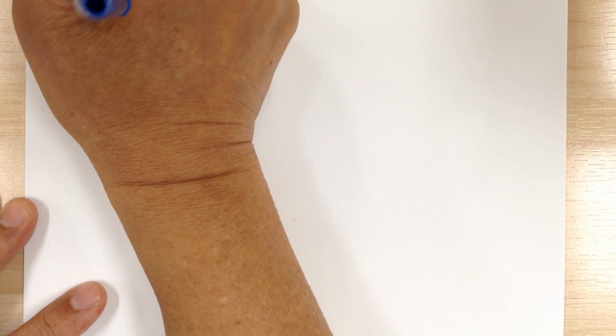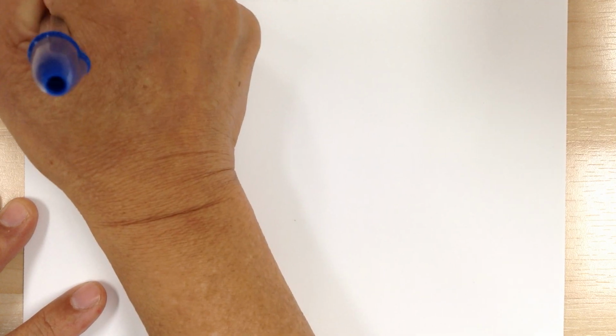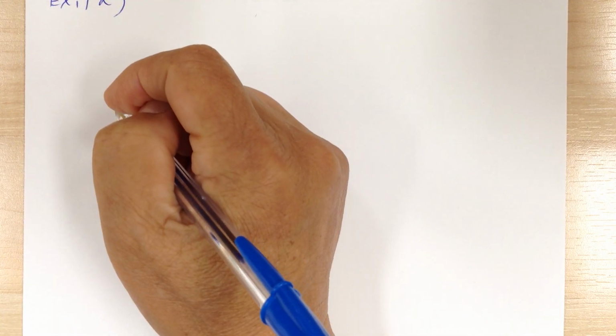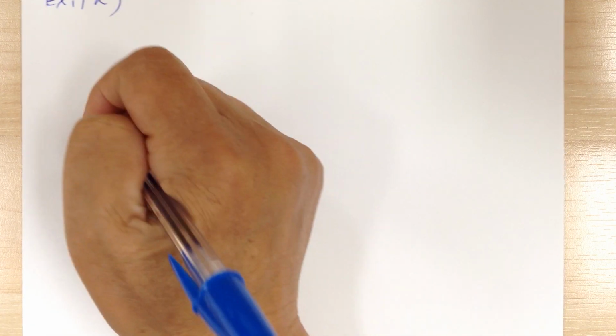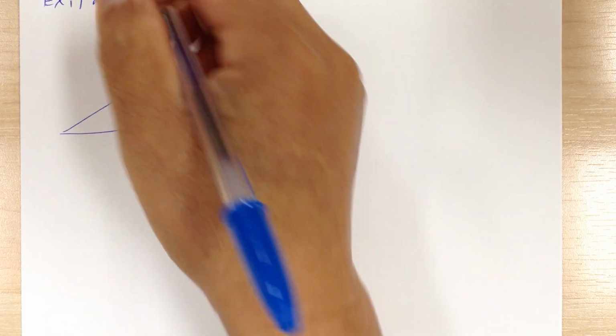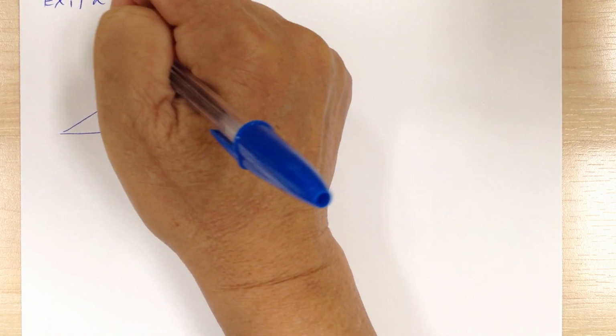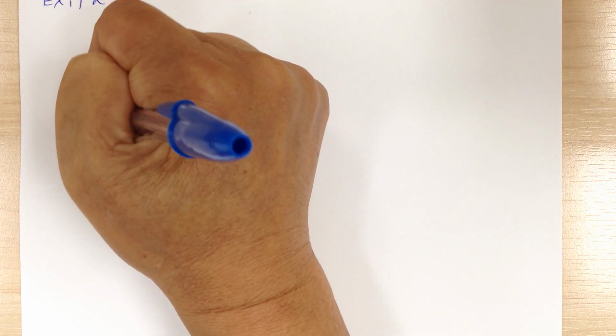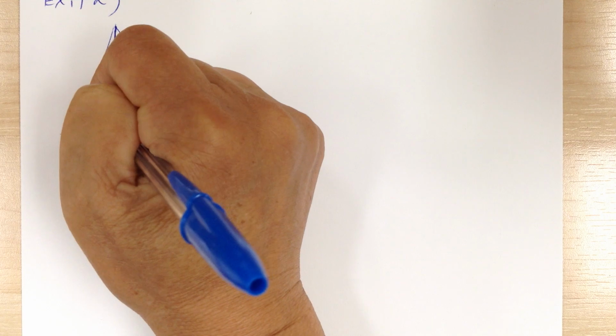So page 829, example 1A. It says find the volume of the solid. So you have this triangular solid, and it gives you this over here.